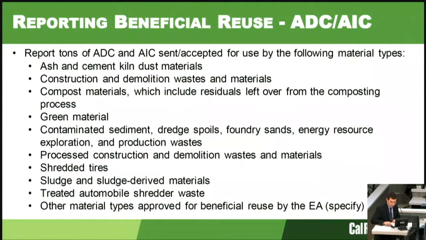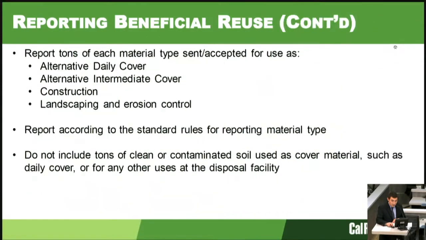But the Title 27 lays out some examples of material types. So you would report according to those established material types, either when you applied it or if you knew at the time that it was sent to the disposal facility. Now, as I mentioned, the flow chart should bear this out. We were talking about the disposal facility.